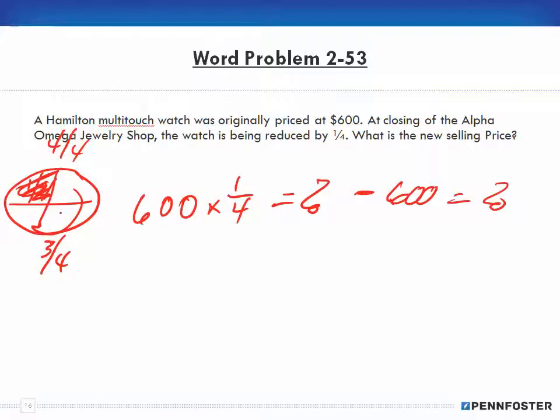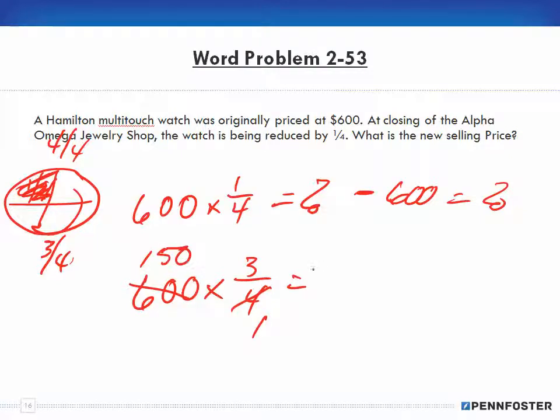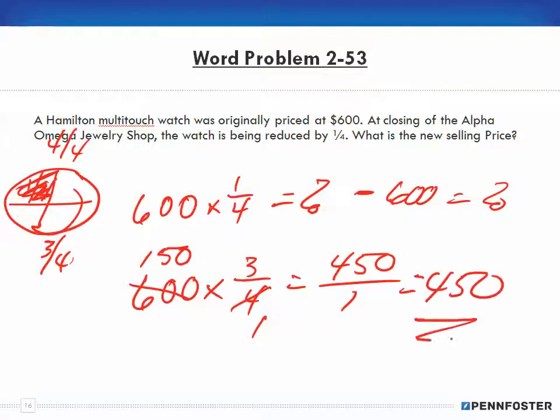Well, it's easier for me to multiply the 600 by 3 quarters in order to arrive at my answer. 4 into 600 goes 150. 150 times 3 is 450 over 1, which is 450, and that's my answer.